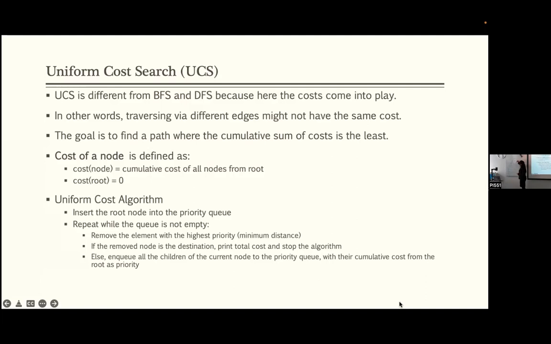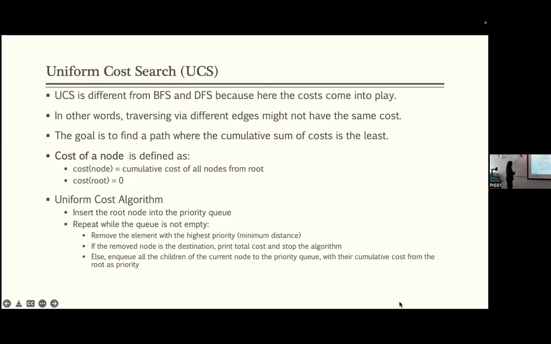It's the cumulative sum of these two, 4 plus 4, 8. So this is how we can calculate the cumulative cost of each of the nodes.